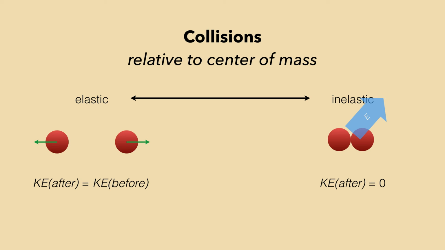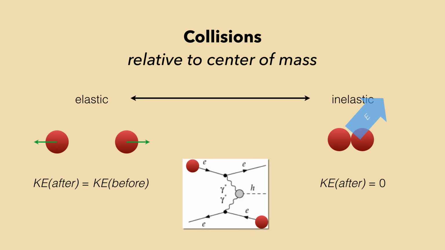Now, these inelastic collisions are actually central to particle physics because they allow us to discover new particles, such as the Higgs boson most recently. When two particles such as electrons collide, they actually might give off some energy.